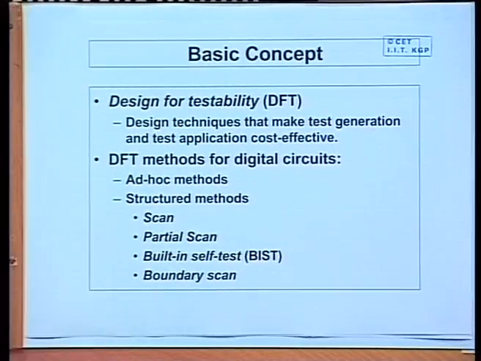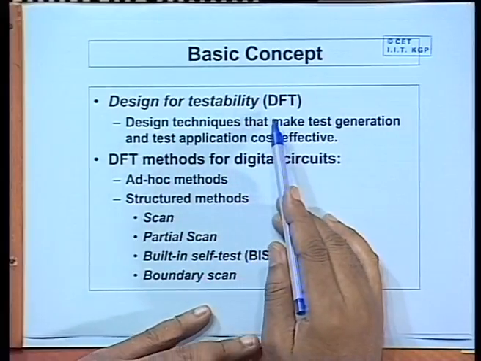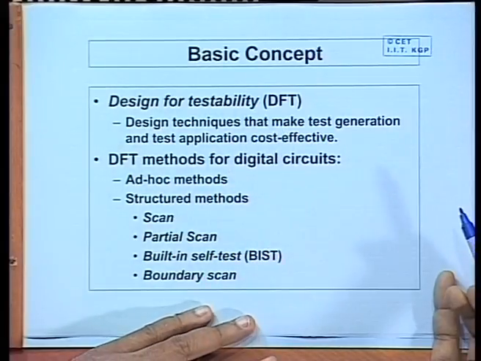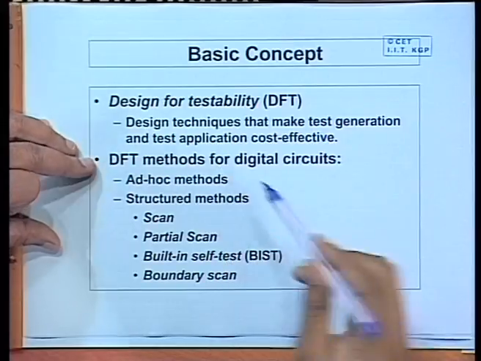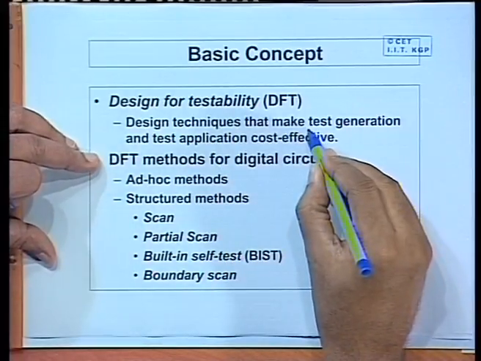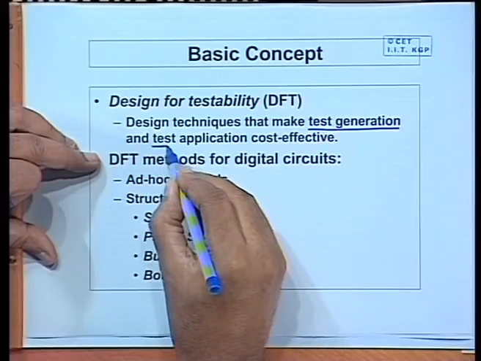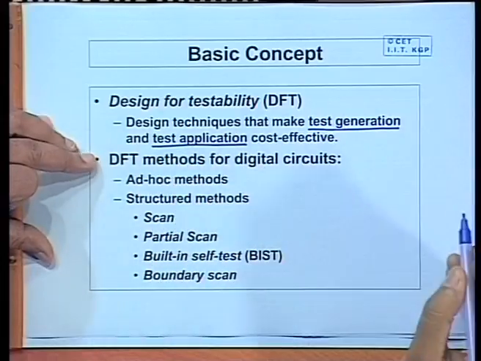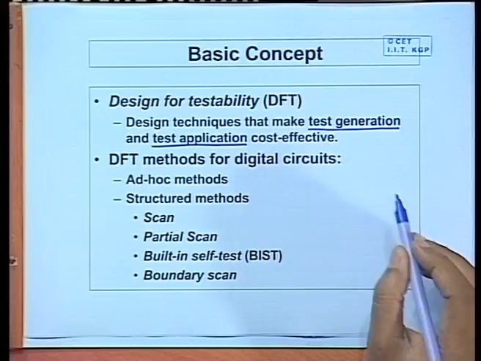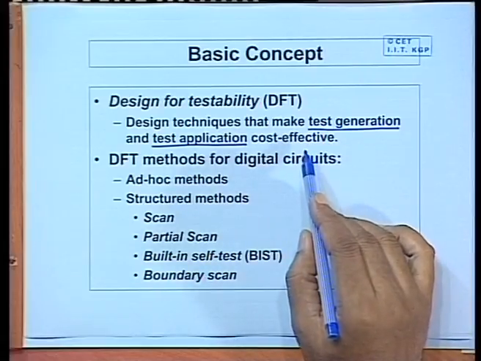First, let us see what this DFT or design for testability is and what are the different ways in which you can do it. Design for testability is actually a collection of design techniques, using which both test generation and test application can be made more manageable and cost effective.